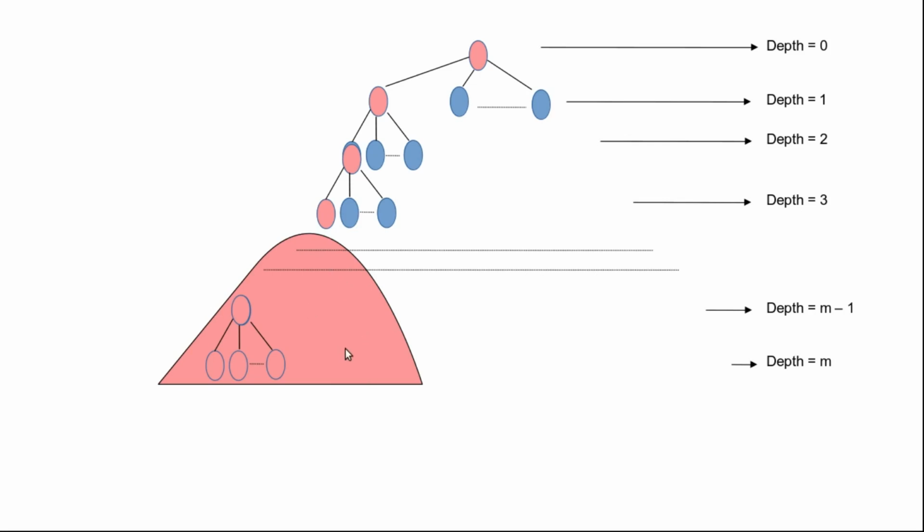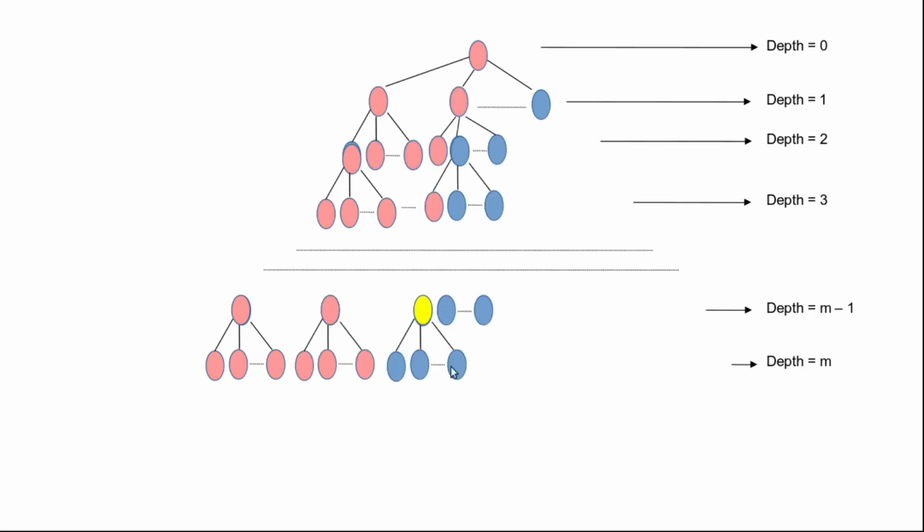And once we have finished exploring all the nodes under this subtree, this would be the next node selected for expansion, and then we would search one by one all the nodes in this subtree, and once this subtree is complete, we would move to the next successor of this red colored node, and with this node explored, that would complete the expansion of the subtree under this node, and then we would proceed in this way, and at some moment of time the situation may look something like this.